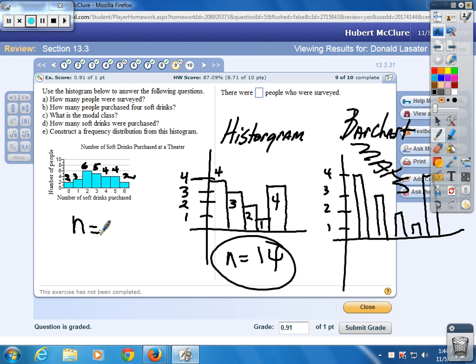Well, let's see, 6 and 5 is 11, and 8 is 19, 20, 21, 22, 23, 24, 25, 26. If I counted right, n is equal to 26. And that's the answer here. You got to add them up. Number of people. That's what they want to know. How many people were surveyed? Number of people, 2, 3. Got to line them up over here.